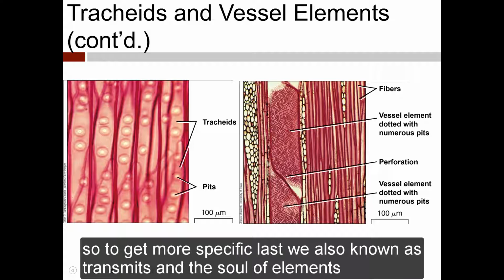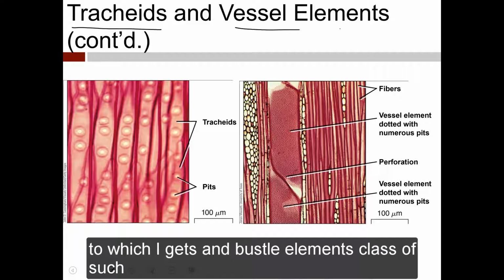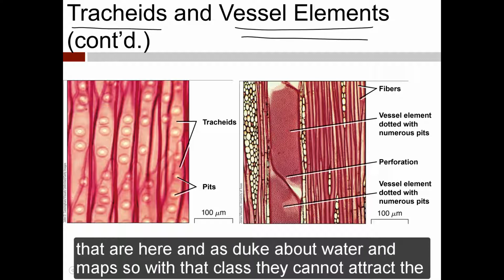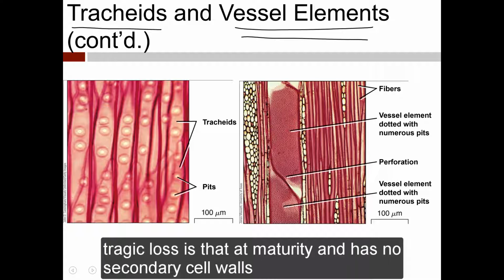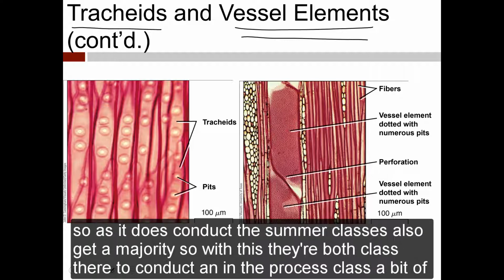So to get more specific, we also have what are known as tracheids and vessel elements. The tracheids and vessel elements are here, and they, yes, do conduct water and minerals. So with that, think about the tracheid. The tracheid is dead at maturity, and it has no secondary cell walls. So yes, it does conduct.